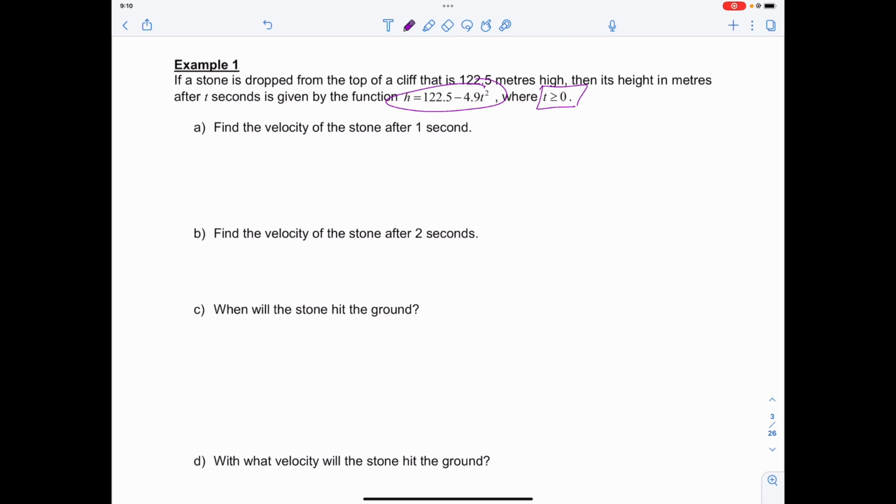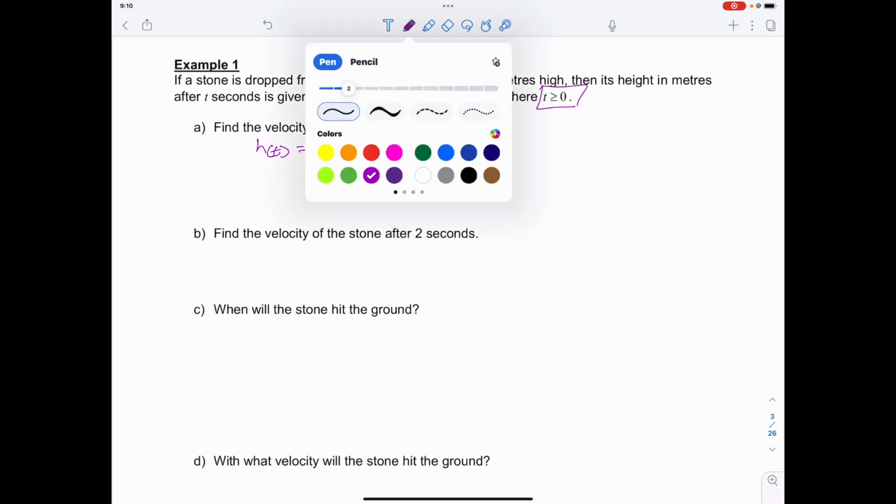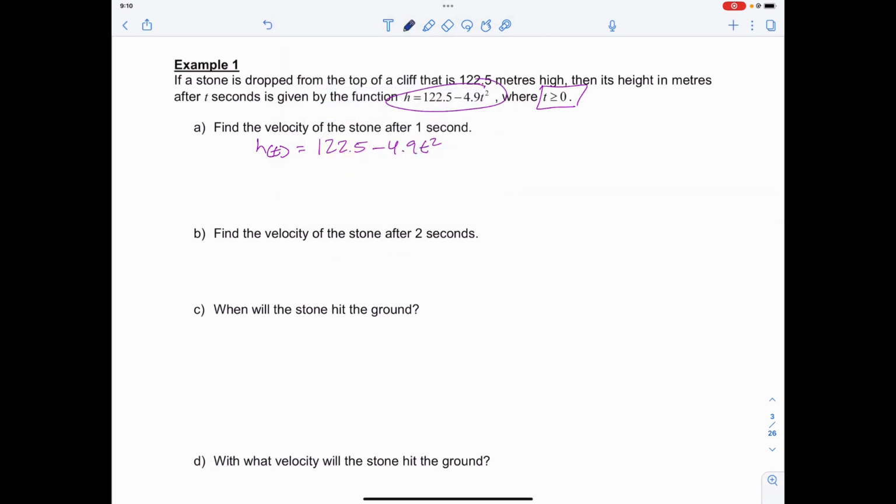So when it says find the velocity of the stone after 1 second, we know that if our function h as a function of t is equal to 122.5 minus 4.9 t squared, then our velocity is going to be the first derivative of that function.